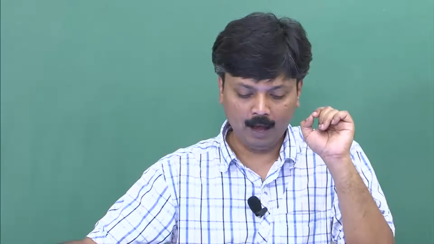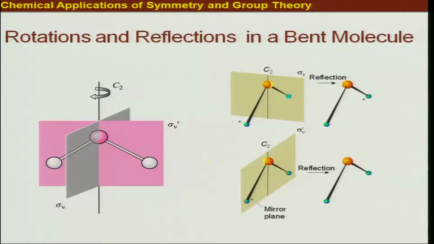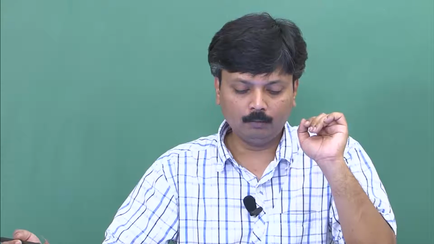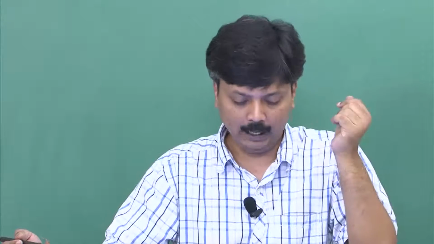Now on your screen we have given the example of the water molecule, and you should be able to easily find the rotation axis, which is C2, because we can have a 180-degree rotation by an axis passing through oxygen, in the plane of the HOH molecule. That is the C2 axis.